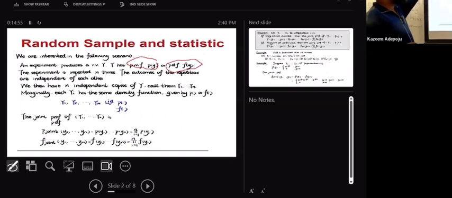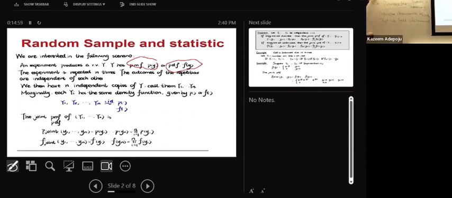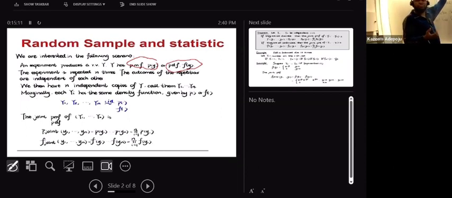Now, when we are conducting an experiment, take a look at this. When I come here to take a sample, then I'm conducting an experiment. And if I take a sample and I ask them a question, then I'm actually going to have an outcome. An experiment is a trial that generates an outcome.